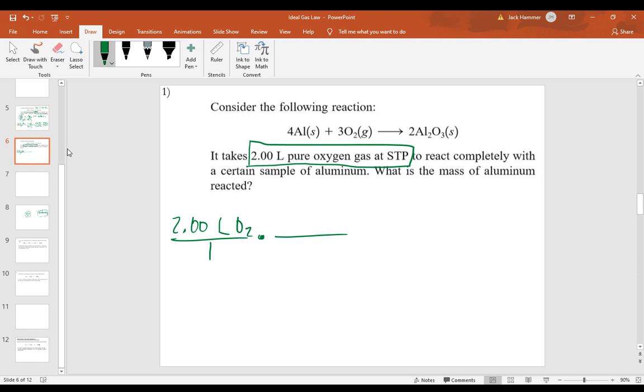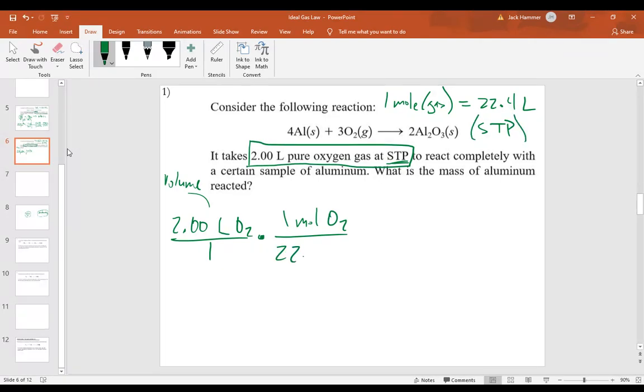But this time, in order to get this volume of gas into moles, do you remember? If we're at STP, remember the trick? 1 mole of any gas occupies a volume of 22.4 liters as long as we're at STP conditions. As long as we're at STP. So I can put 22.4 liters here.